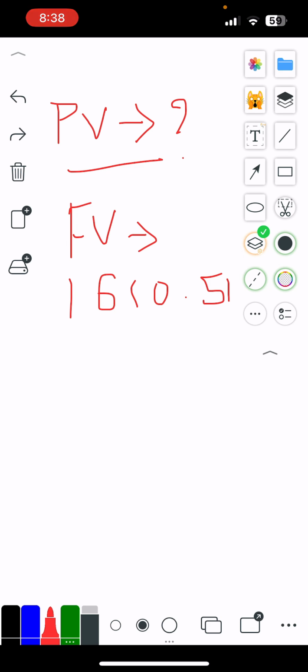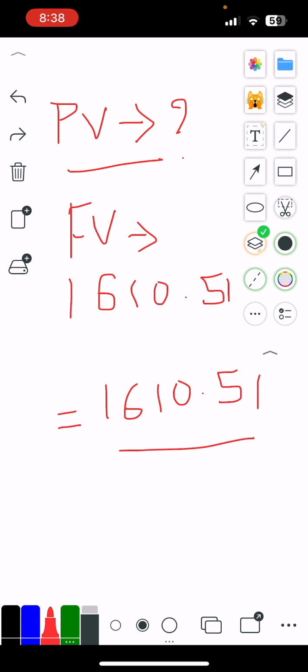All right, so what you're going to do is type in your future value, which is $1,610.51.